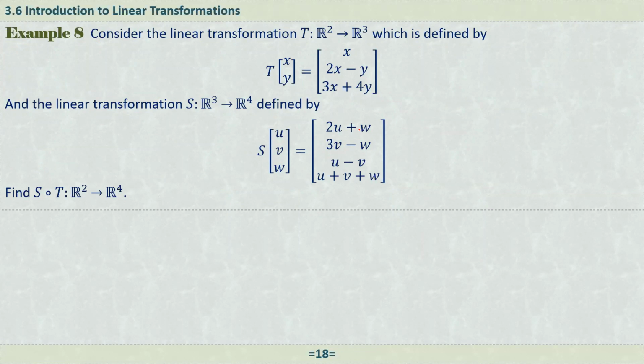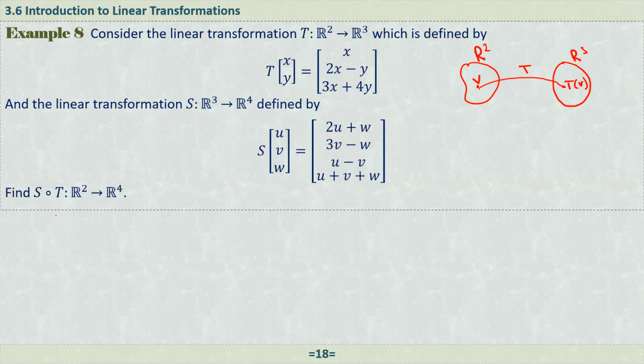Consider the linear transformation. The first one takes a two-dimensional vector into a three-dimensional vector. So we have a vector living in two-dimensional space, and we take it to three-dimensional space under some transformation. Here we have T of V. So this one is T. Now we have another linear transformation S that takes a vector from three-dimensional space to four-dimensional space under this transformation.